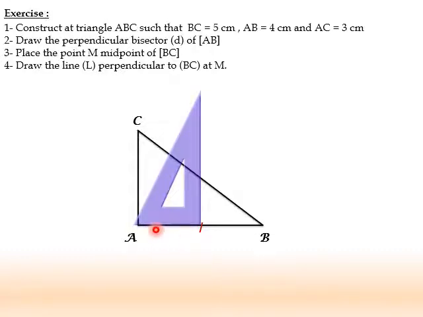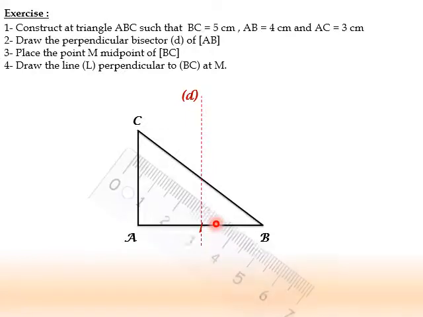I put one of its edges on AB, and on the other edge I draw the perpendicular that passes through the midpoint of AB and name it D, the perpendicular bisector of AB.